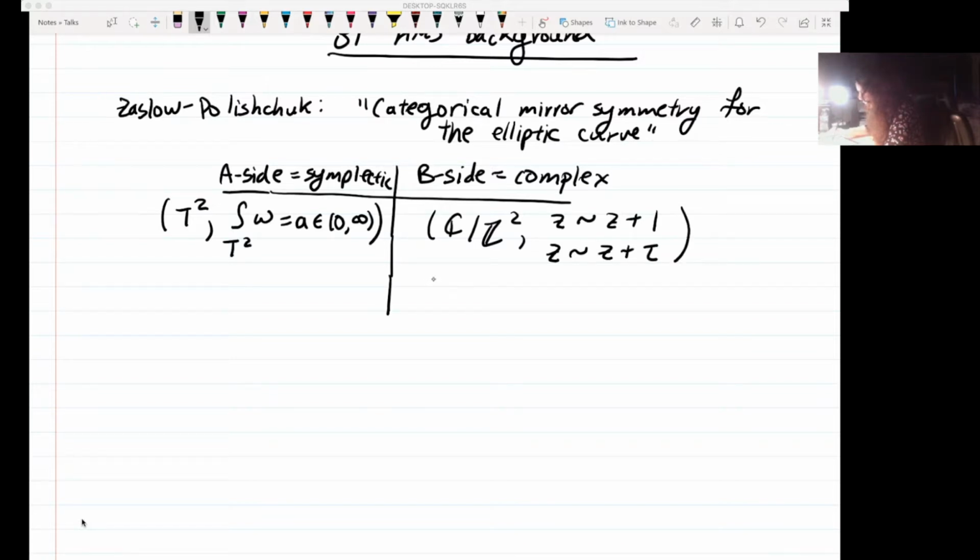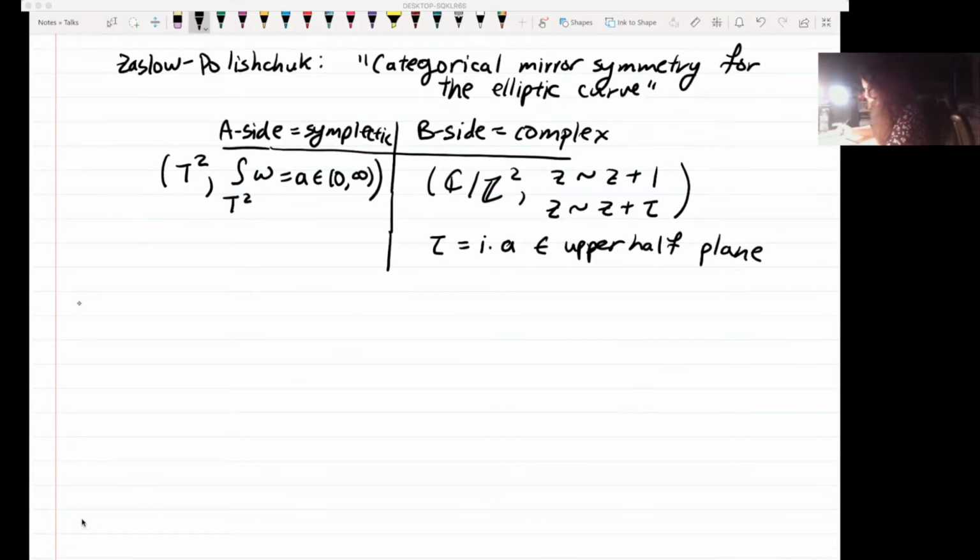And for this to be a mirror, we want tau to be i times A in the upper half plane. So a remark on this: because the upper half plane has, if we allow the modular parameter to vary, 2 real dimensions in which it can vary.